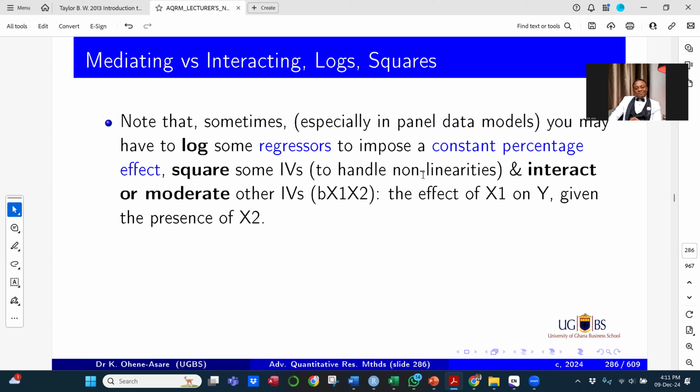So take note, logging is important, but it's not everything you should log. What is one particular thing you should not log at all? Who can tell us? Which particular variable you should not log at all? Zero or negative value, say.